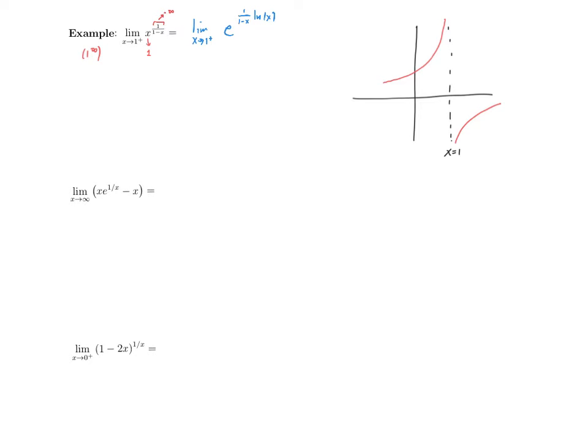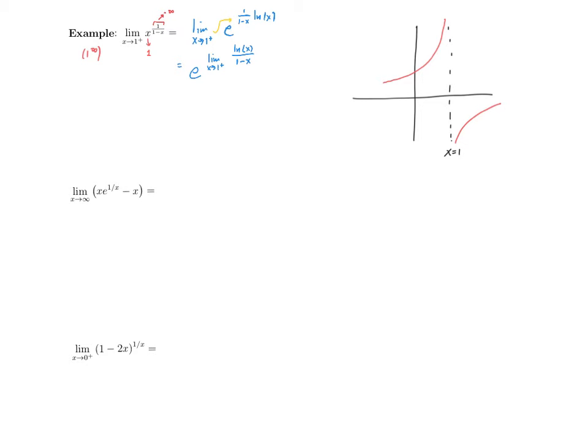And recall, because the exponential is a continuous function, this limit can be pushed inside the exponential. So we would have e raised to the power of the limit as x approaches 1 from the right, and our exponent is natural log x divided by 1 minus x.